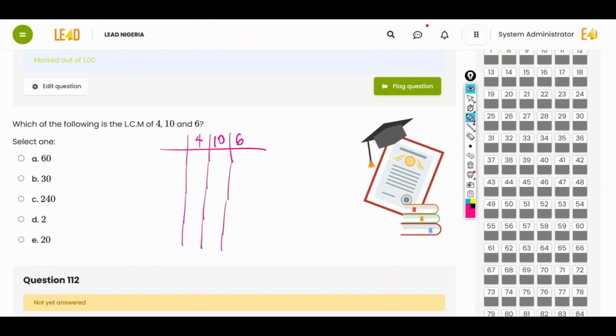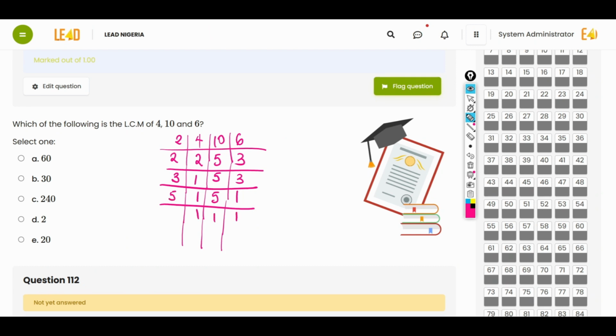When we do LCM, we divide by anything that can divide any of them, and we divide until we get to the base form 1, 1, 1. So let's go. 2 in 4 is 2, 5, 3. We can use 2 again. 2 in 2 is 1, but this gives 5, 3 because 2 can divide them. And we'll move on to 3, 1, 5, 1, and finally 5, we have 1, 1, 1.